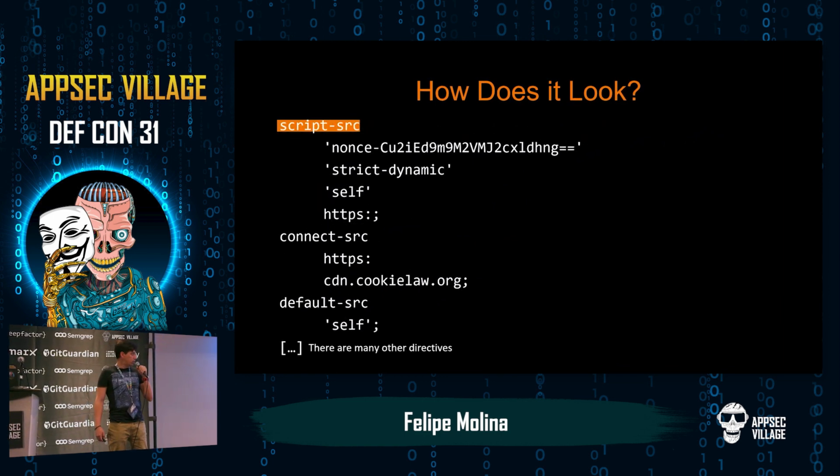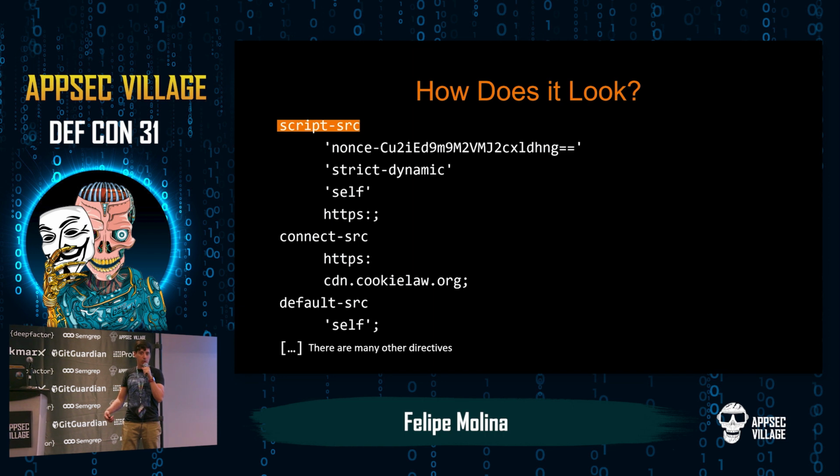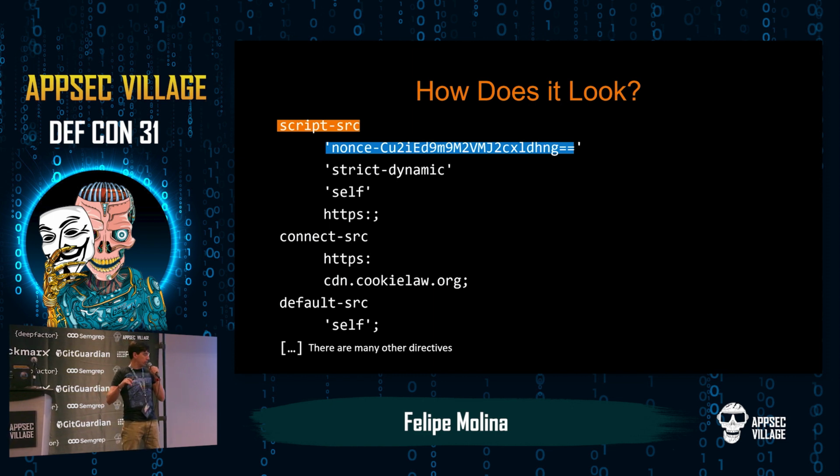I must say that these are just 3 examples. Content security policy has a lot of other directive names that serve other purposes, but those are just 3 examples. Script source indicates to the browser which scripts are allowed to run on your page. The first value tells the agent that scripts containing these nonces are allowed to be executed, this one or any other randomly generated nonces.